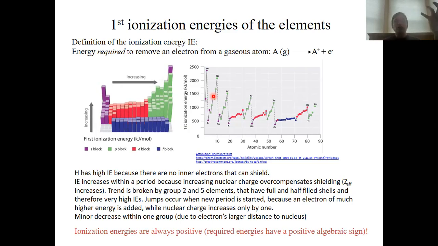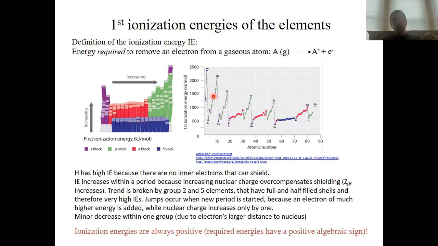That decreases the orbital energies, and for that reason it's harder to remove the respective electron from the orbital. Okay, and therefore the first ionization energy increases as we go from the left to the right in the periodic table.